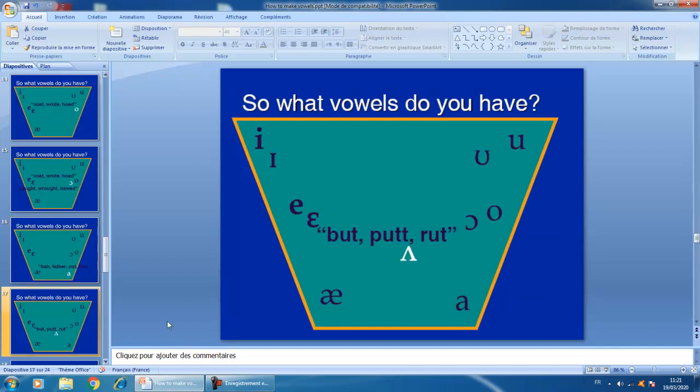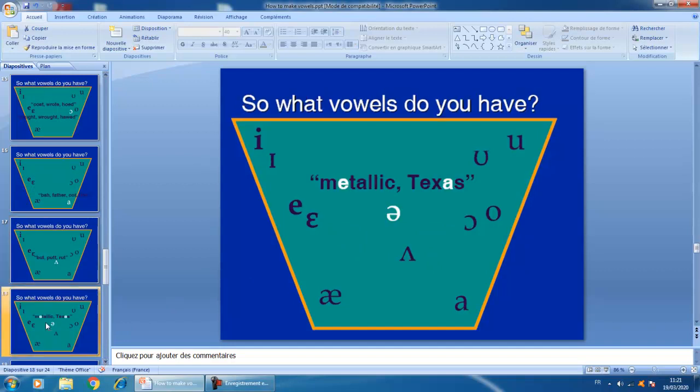Another vowel that exists in English is this one, as in but, pot, rot, the verb to cut. Another vowel is the one that we call a schwa, as in metallic, Texas.